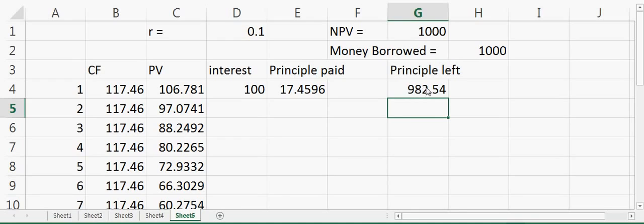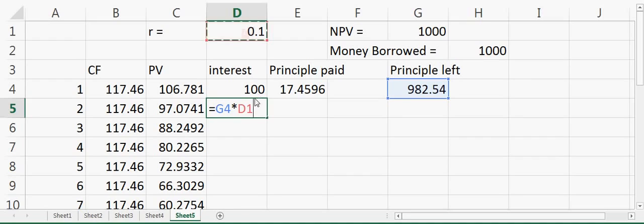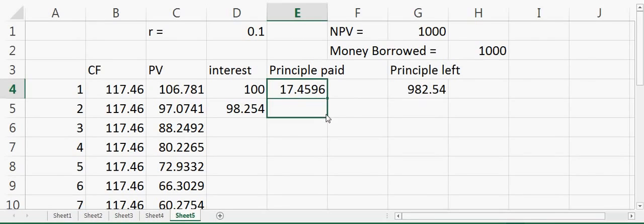Next year I'm again paying the interest, but this time the interest will be on the principal left, right? So I'll say principal left times the interest rate, and for the interest rate I'll put a dollar sign so that when I drag this cell down it does not change. You can see this time the interest will be lower because the principal is lower, and the principal paid will be higher because the interest being paid is lower.